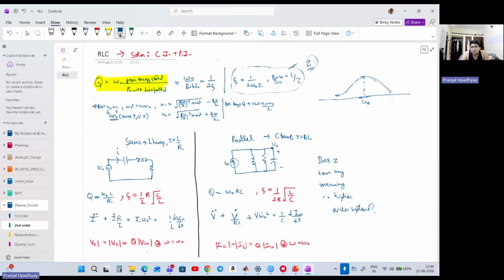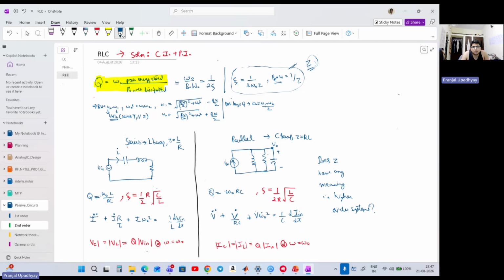Basically, the idea is that at resonance, this will peak, and the frequencies at which this response will be 1 by root 2 are frequencies omega 1 and omega 2, and this is the general expression for that, which again we can derive if we factor out the expression for the impedance or admittance rather. But again, I'm not going into the maths. These expressions stand true for both series and parallel circuits, so that's why I'm not really going into that.